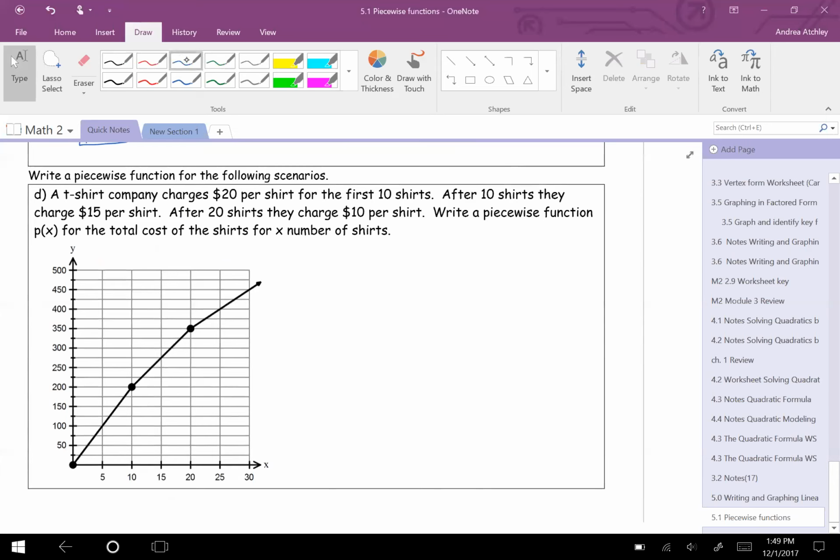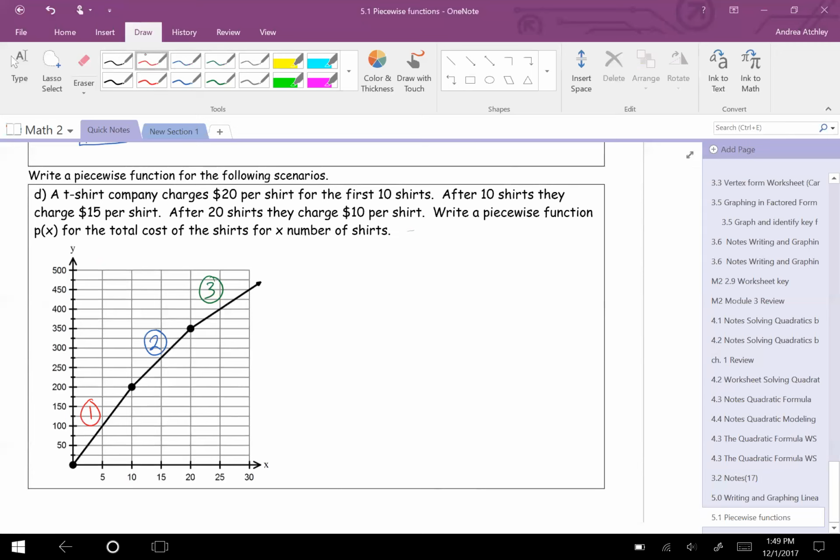So again, this time I have 3 pieces that I need to write an equation for. Since I have the scenario, you might want to look back at the scenario and that will help you with some of the information as well as the graph.